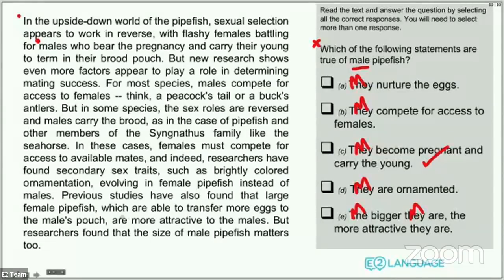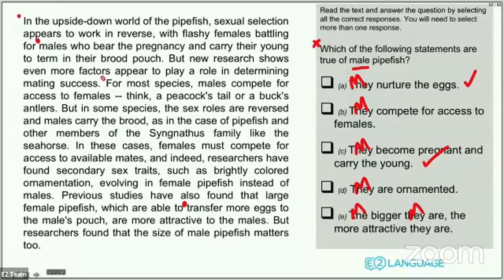They nurture the eggs. Previous studies have also found that large female pipefish, which are able to transfer more eggs to the male's pouch. Okay, so they transfer the eggs to the male's pouch. And here it says they bear the pregnancy and carry the young in their brood pouch. So I think we can safely select A, that males nurture the eggs. Here it says males compete for access to females.